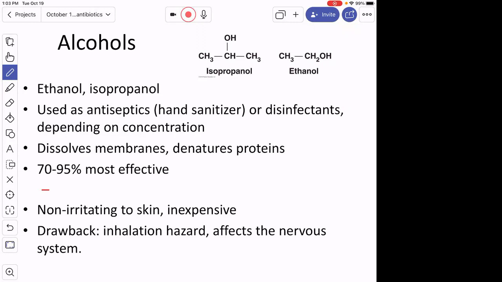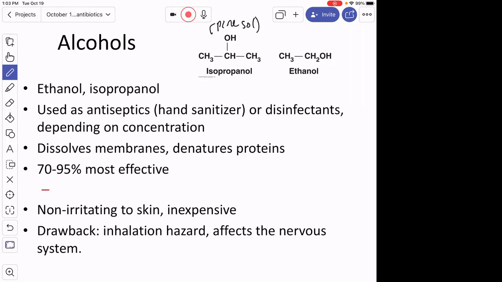So for instance, Pine-Sol is a cleaner that I commonly use at home because it smells good. Pine-Sol used to be a phenolic. That pine oil is a natural phenolic. Well, they actually changed the active ingredient in Pine-Sol, and now it's isopropanol. They didn't change the marketing of it, but they did change the active ingredient.